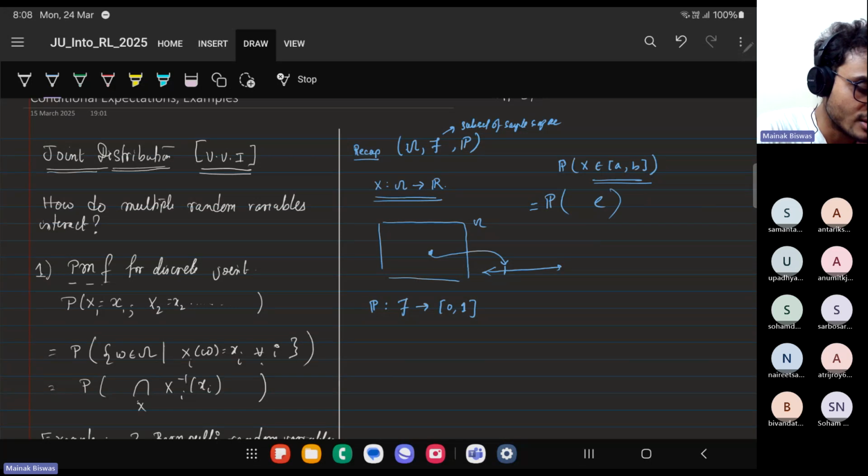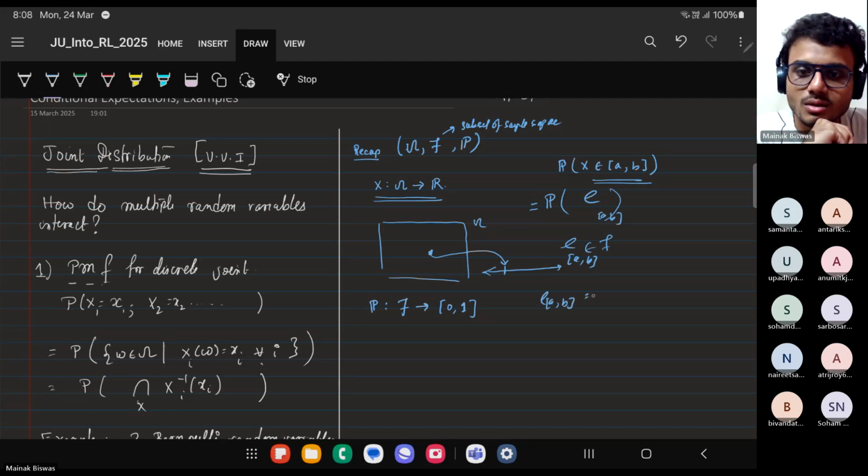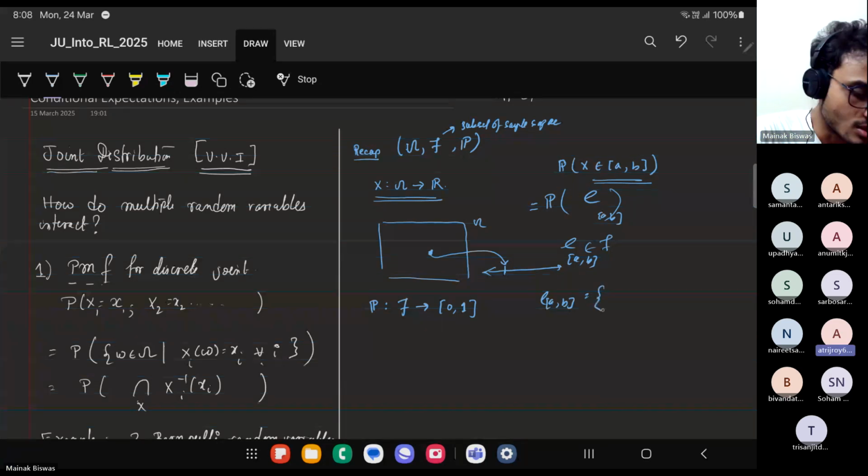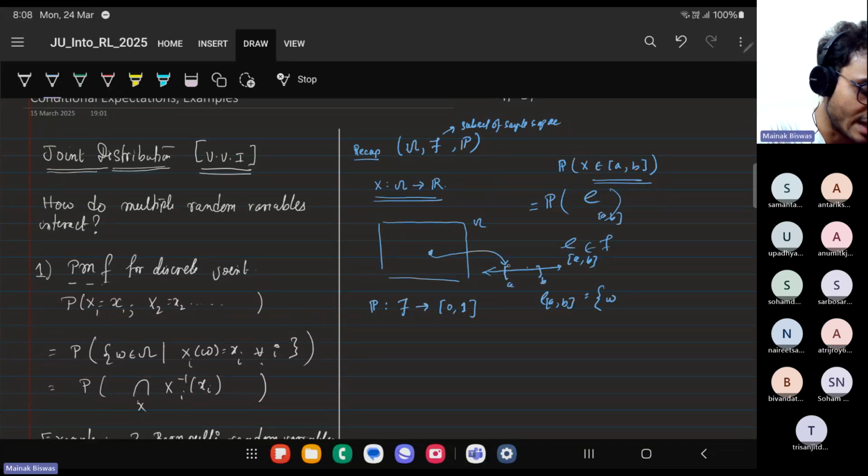So let us write E_AB. Can you tell me what E_AB is going to be? E_AB is mapped to AB by the random variable X. Yes, it's a map between A and B.